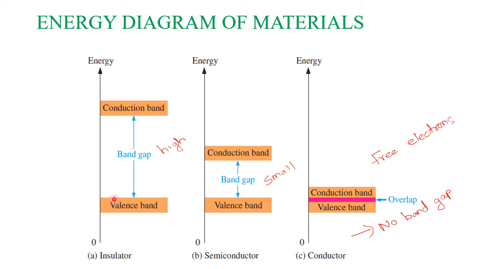But in case of insulators, it is very difficult to get free electrons. You have to spend a lot of energy to bring the free electron out, which is a little bit difficult.